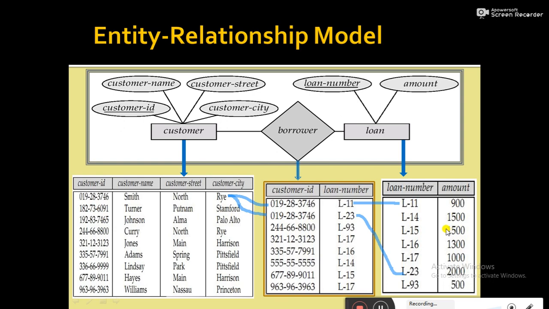Then also it is termed as one-to-many. So one-to-many means an entity in a relation A is associated with any number of entities in another relation B. Now any number means it may be 0 or it may be more than 1.